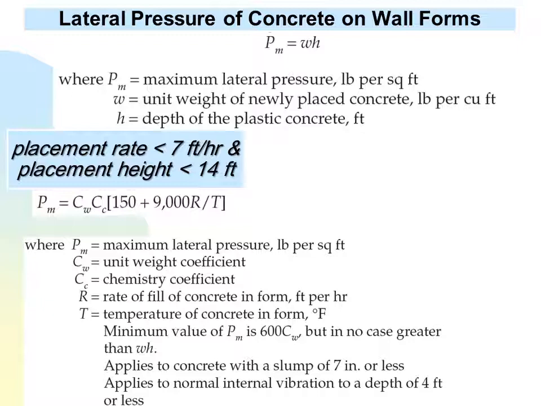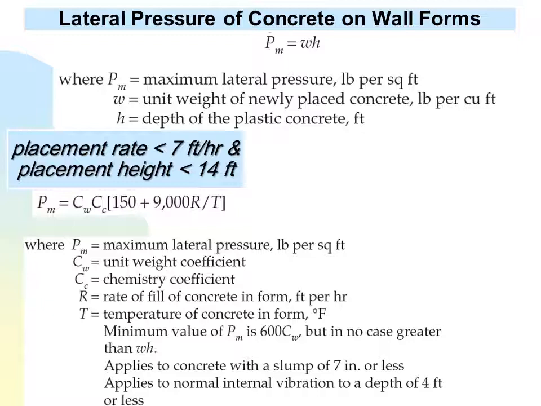Then something called the chemistry coefficient, related to the chemical composition of the concrete, and we'll be discussing in detail what it is. Then the rate of fill of concrete in the form, and the temperature of the concrete within the form.